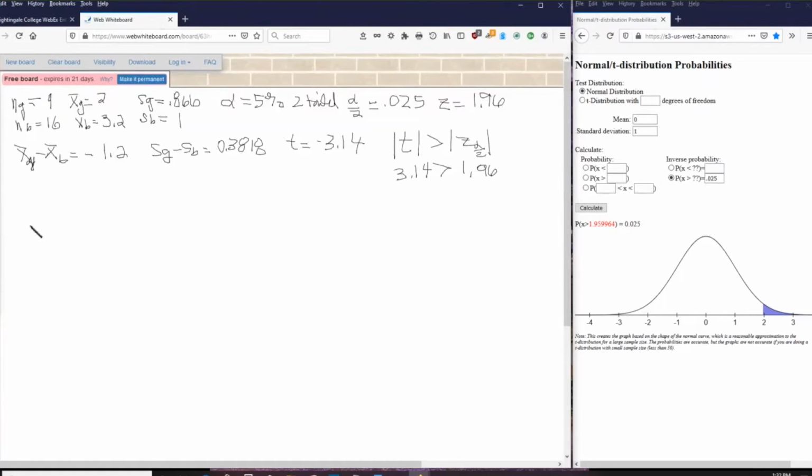So now we're going to do our degrees of freedom. And that's a pretty big formula.